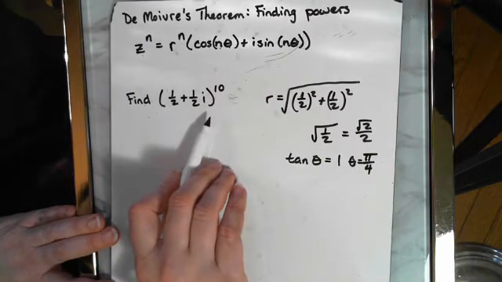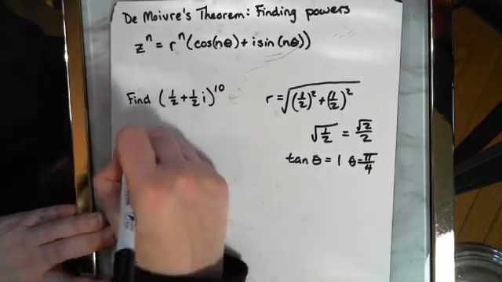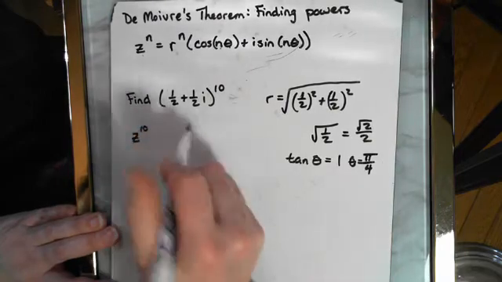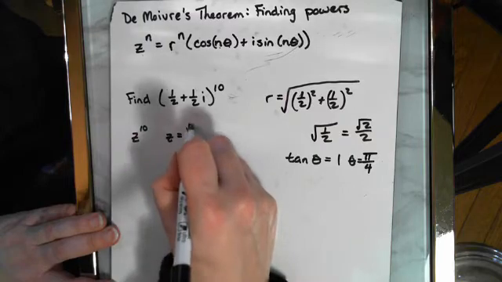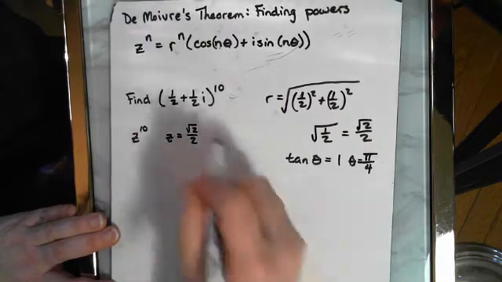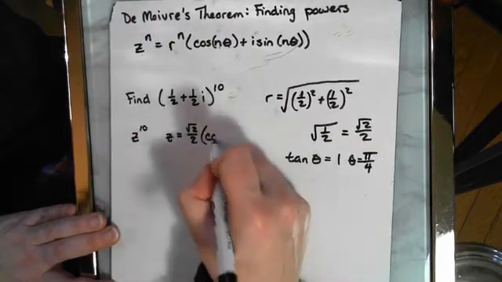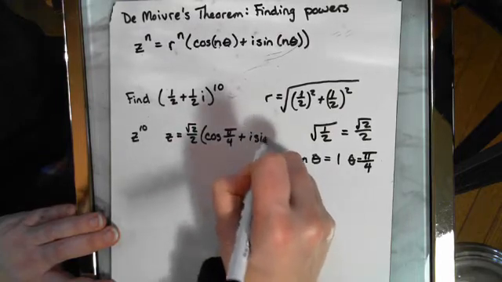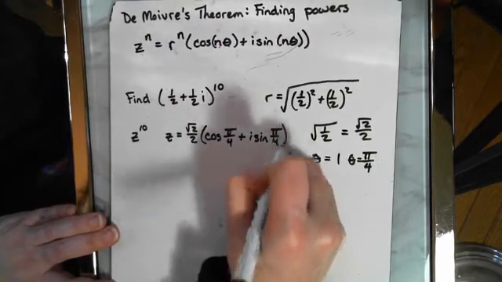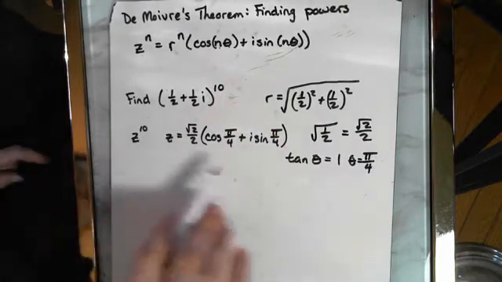So this is really z to the 10th, where z is square root 2 over 2 times the cosine of pi over 4 plus i sine pi over 4. Okay, so this is what I'm doing.